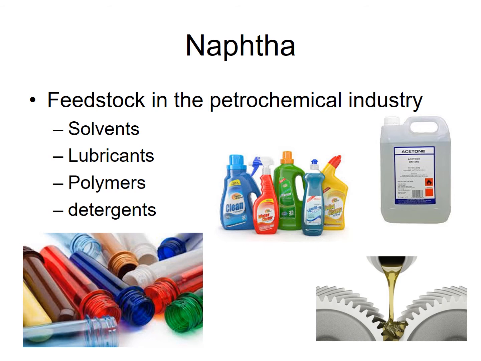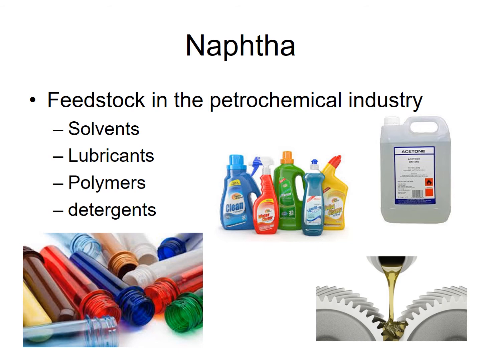So different fractions, such as naphtha, are taken by the petrochemical industry and converted into different things. I found some pictures on Google Images just to illustrate some of the useful products that we get from naphtha, pretty much all of which you will use at home. One of the things they make from it is solvents.